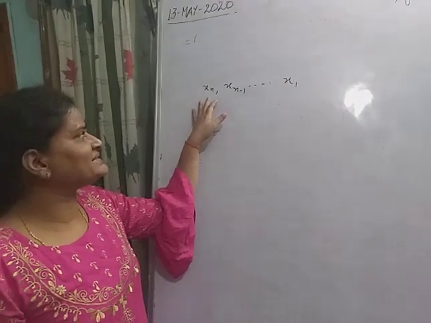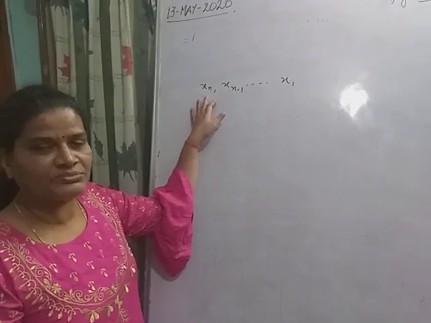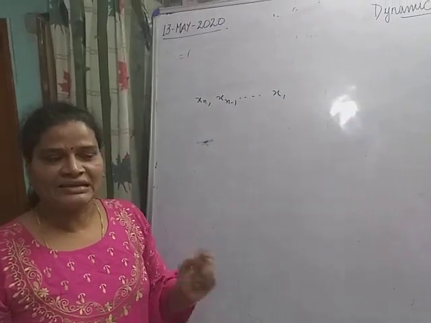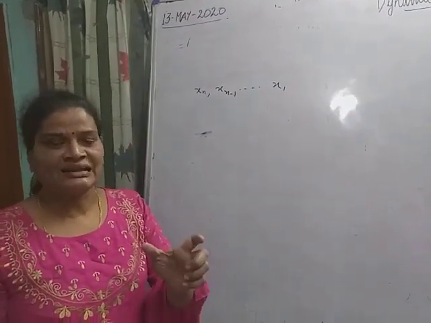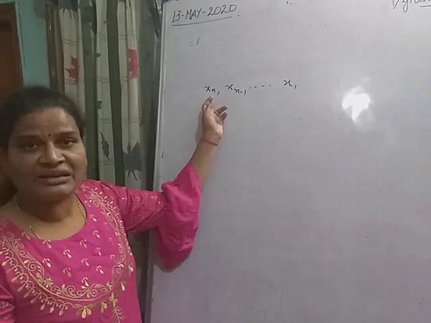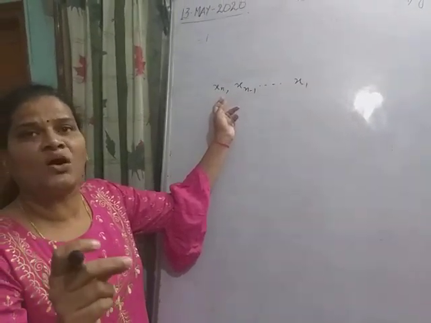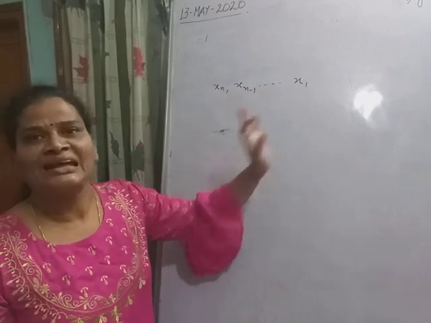First I take the decision for the nth object, then the n minus 1 object, and so on. The initial decision for every variable xi simply determines which value, either 0 or 1, is to be assigned to each xi.